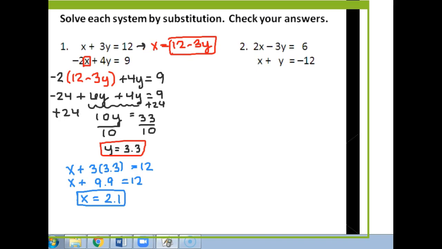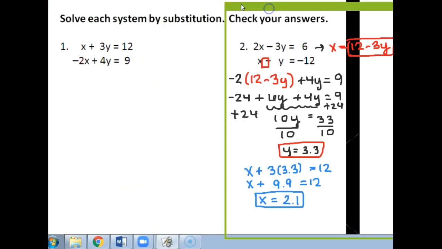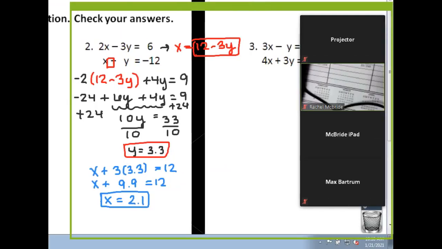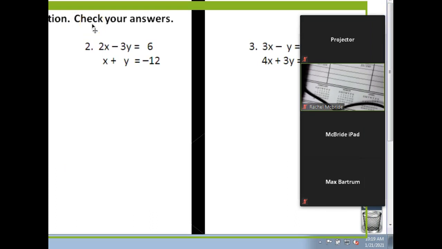Okay. Let's look at example number 2. So we have 2x minus 3y equals 6. And we have x plus y equals negative 12.